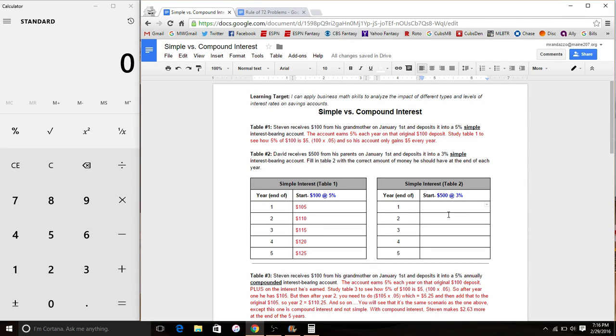Okay, so we'll start with the top of the simple interest table 2, because table 1 is already done. It says David receives $500 from his parents on January 1st and deposits it into a 3% simple interest bearing account. Fill in table 2 with the correct amount of money he should have at the end of each year. So he is just making a one-time $500 deposit into this account.